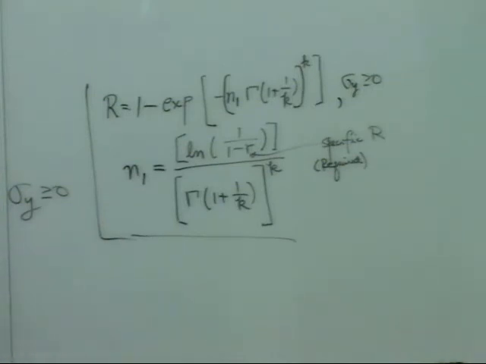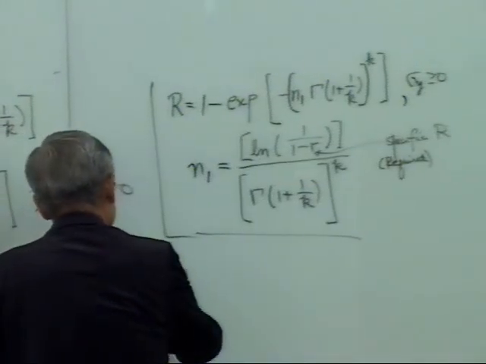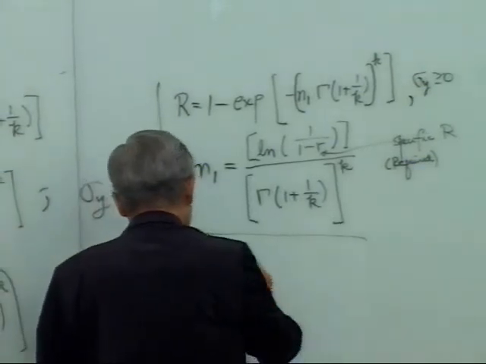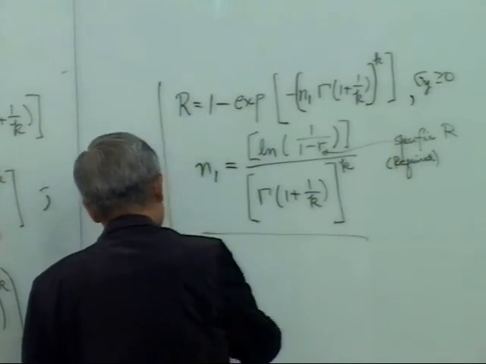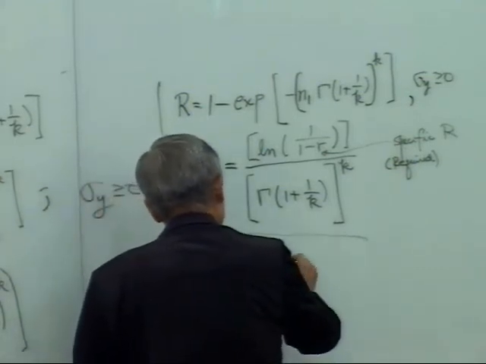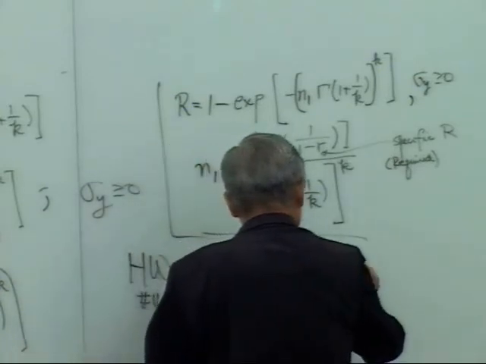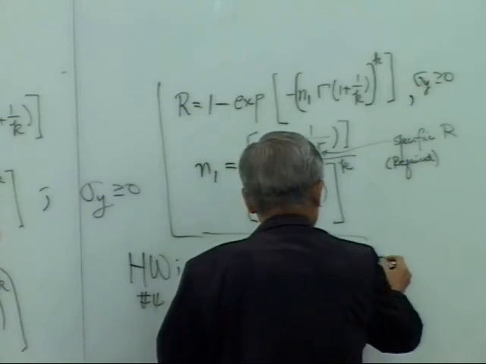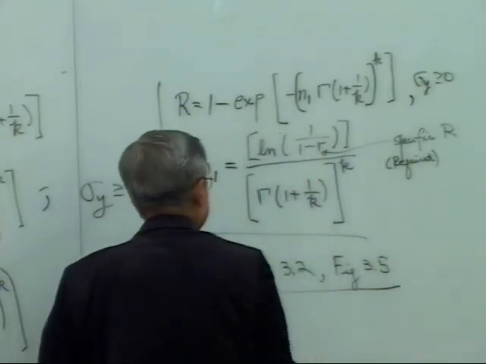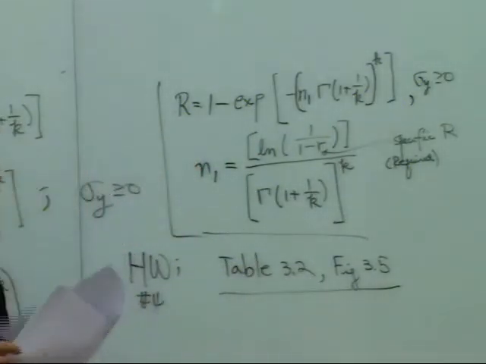And the last page, I said homework, the table 3.2. So homework, this is homework number 4: table 3.2 and figure 3.5. Reconstruct based on this corrected equation set.